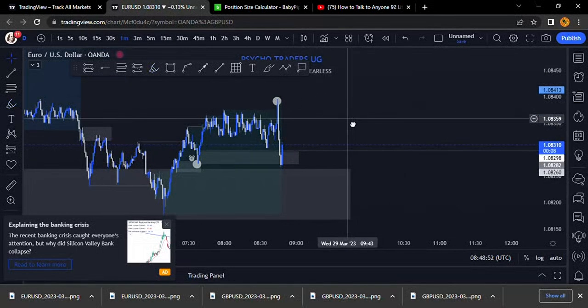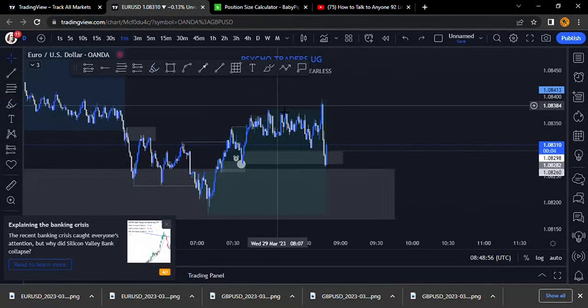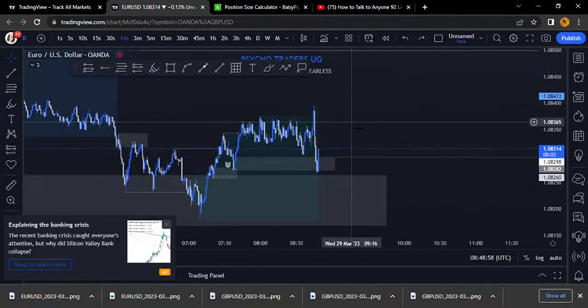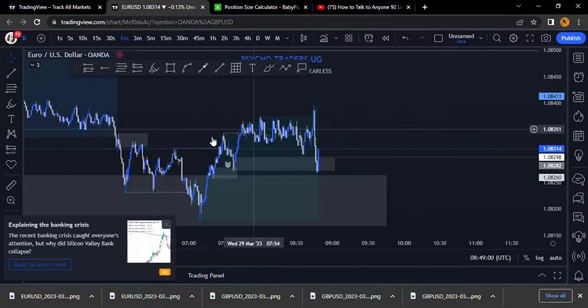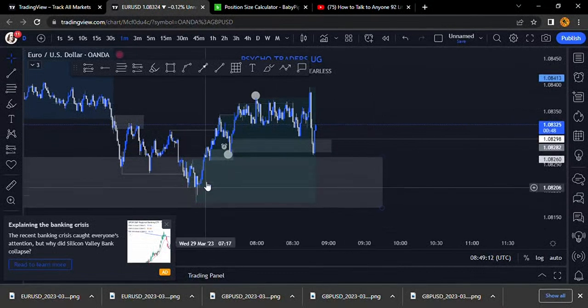But before price created this high right here, I was seeing a breakout structure right here. The high was at this point right here and the low was at this point. So I was looking for confirmation right here, or confirmation lower.